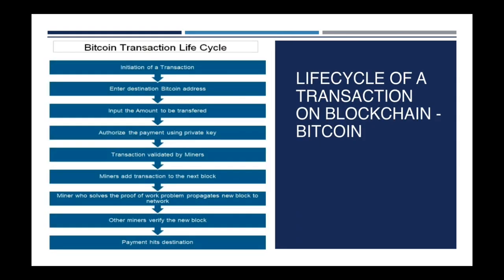As I told, the life cycle of a transaction is different in different blockchain frameworks. Now let us see how Bitcoin transaction lifecycle works. Basically, Bitcoin is a currency transfer platform.